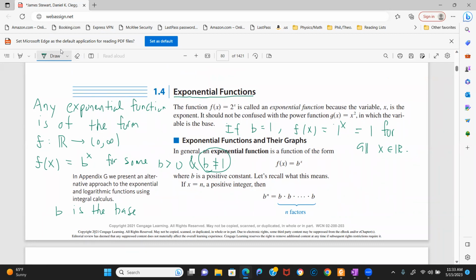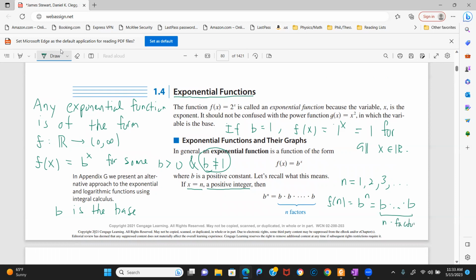So first of all, you might wonder, how do we evaluate this? It turns out we run into some trouble when we want to evaluate this function. When x is equal to n, a positive integer like 1, 2, 3, etc., it's not hard to evaluate. f of n is going to be equal to b to the n, and that's just b times itself n times.